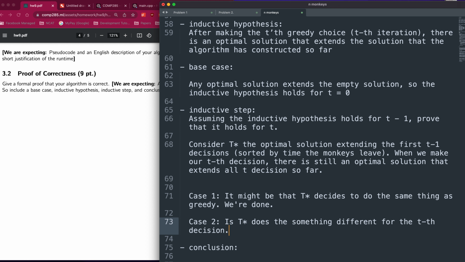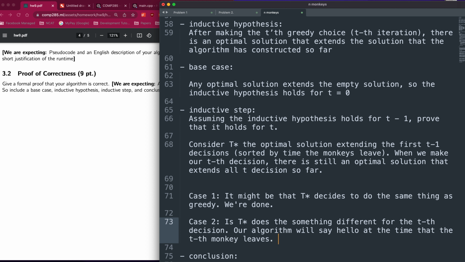And basically what's happening at the t-th time, so when the t-th monkey to leave is about to leave, right? So at that time, our algorithm will say hello. We'll say hello at the time that the t-th monkey leaves. Okay, what we're saying is, well, T star does not. Okay, so it did not say hello at the time that monkey left.